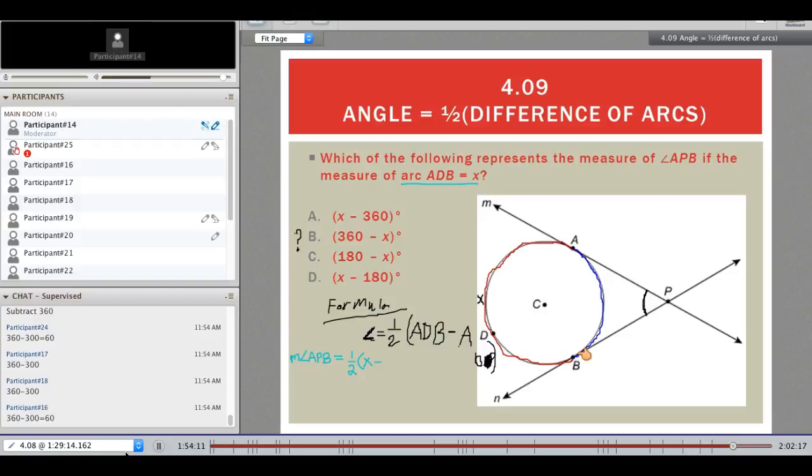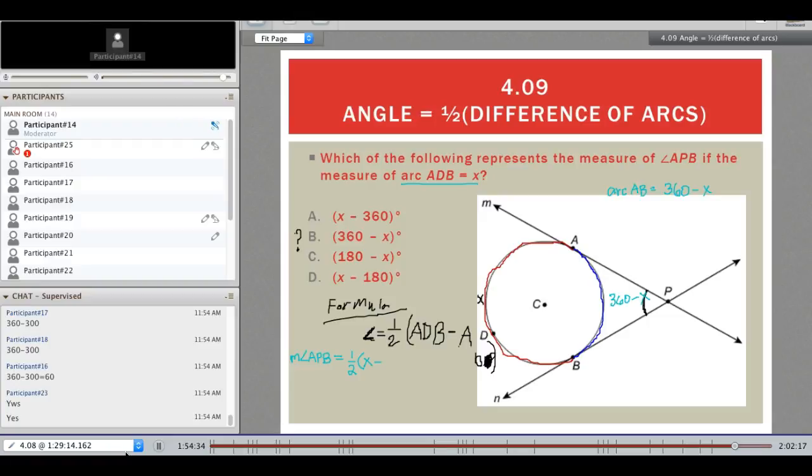To get this arc, you would take 360 and subtract the other side of the circle, which is x. Does that make sense? So we can represent arc AB as 360 minus x.